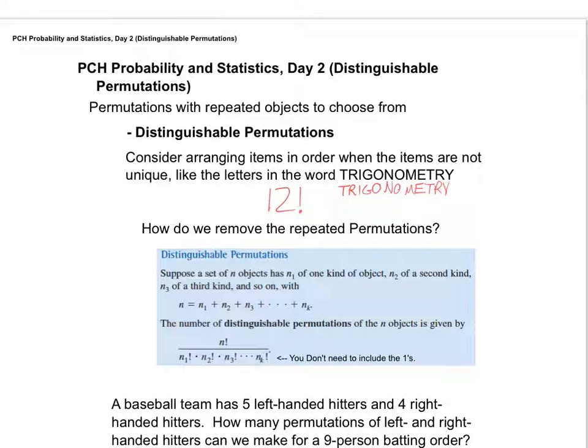Can you see the difference? You switch the O or you switch the T. They're the same. Okay, yeah, you're exactly right. I was thinking about the O's, but the T's work as well. I switched the two O's. Now, technically, is that a different permutation? No. Is it a distinguishable permutation?